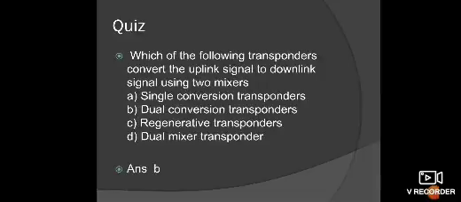So a transponder which converts the uplink signal to the downlink signal using two mixers is nothing but a dual conversion transponder. Okay, so this is the answer.